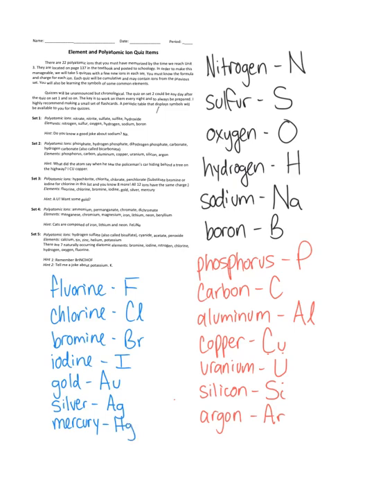Okay, so those 3 are a little bit weird. You can see that fluorine, chlorine, bromine, iodine right there, those are all halogens, group 17, but then these ones are just weird. Gold is AU, silver AG, mercury HG.